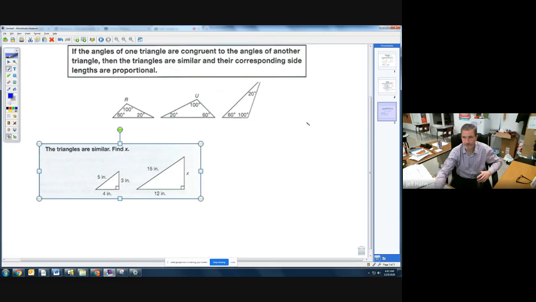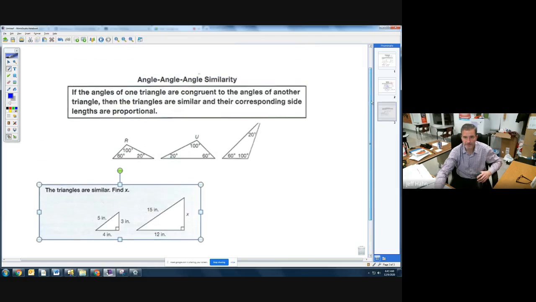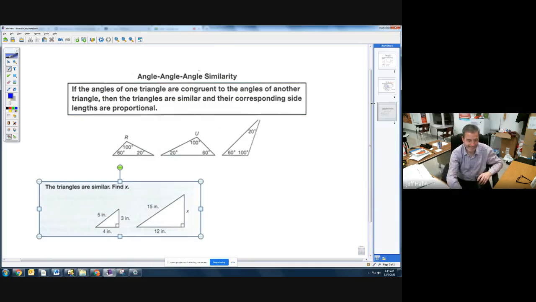We're almost done. And then we have this angle, angle, angle similarity. Notice the other one was side, side, side. If the sides are proportional, then they're similar. The second thing is if the angles of one triangle are congruent to the angles of another, then the triangles are similar.